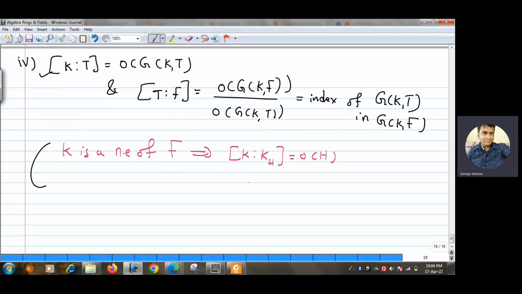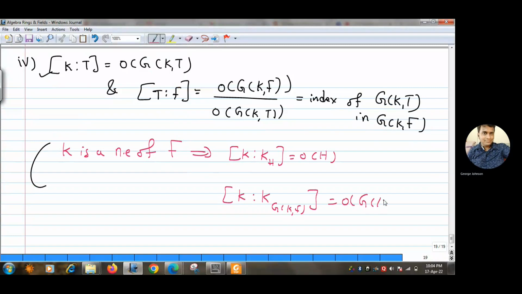So whenever I replace H by GKF, what I have is the dimension of K over KGKF, which is the same as the order of GKF.